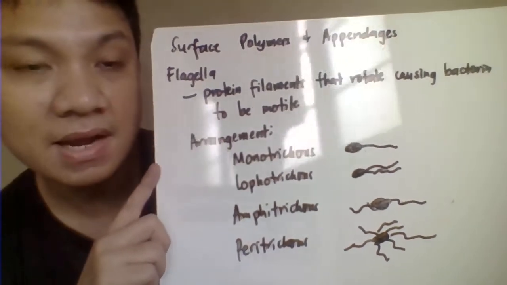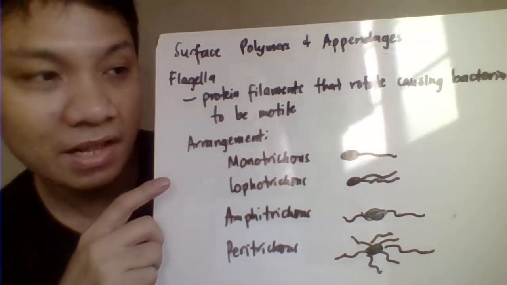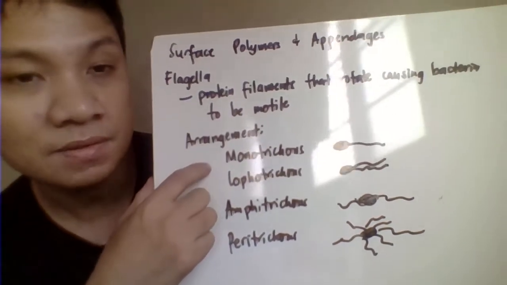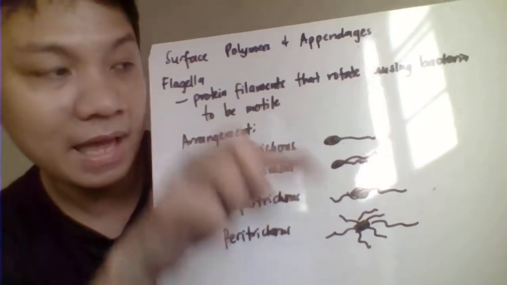Classification of the flagella is according to the location or the arrangement of the flagella. First, monotrichous, characterized by only one flagellum at one end.